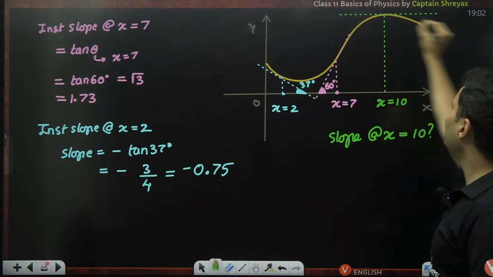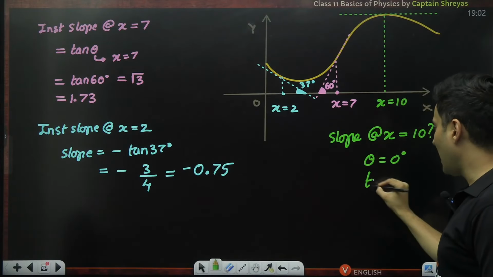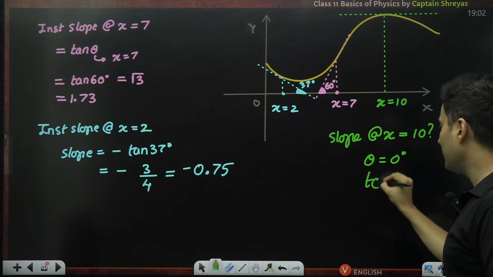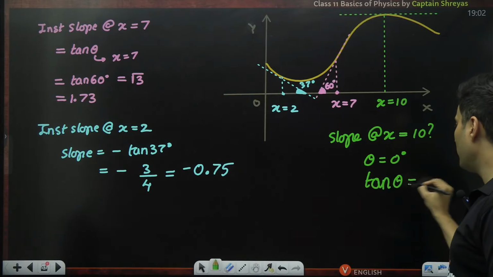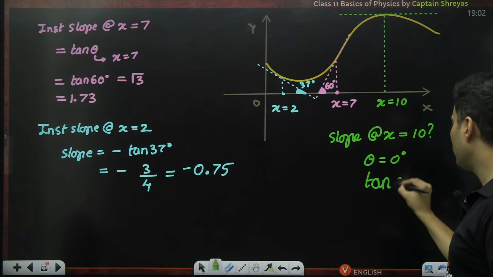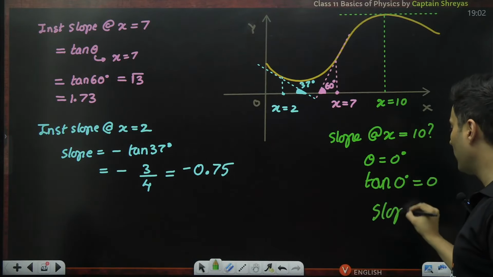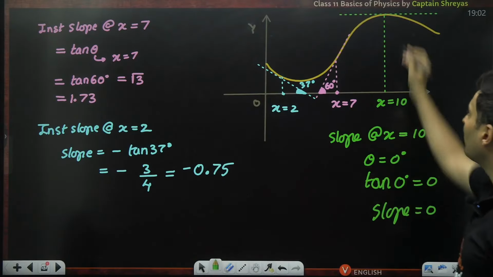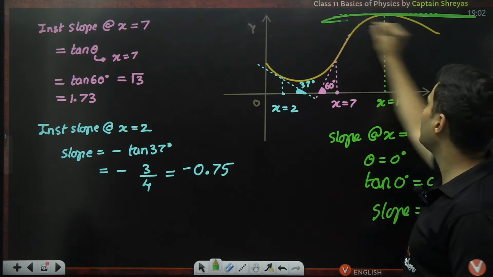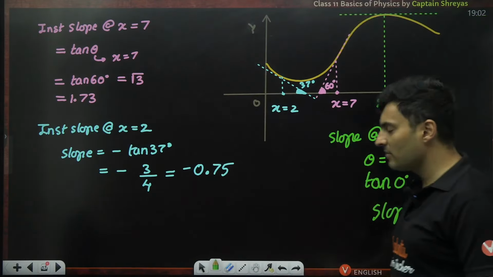If you draw the tangent, it is parallel. So theta is basically 0. So tan theta will also be 0, because tan of 0 degrees is basically 0. So hence the slope will also be 0. At this particular point, if you draw the tangent, it is making 0 angle with the horizontal.